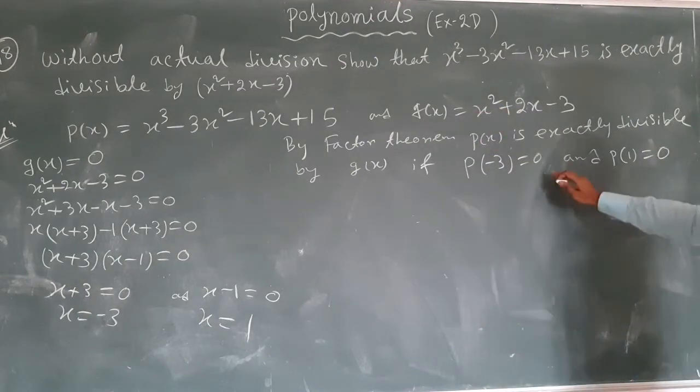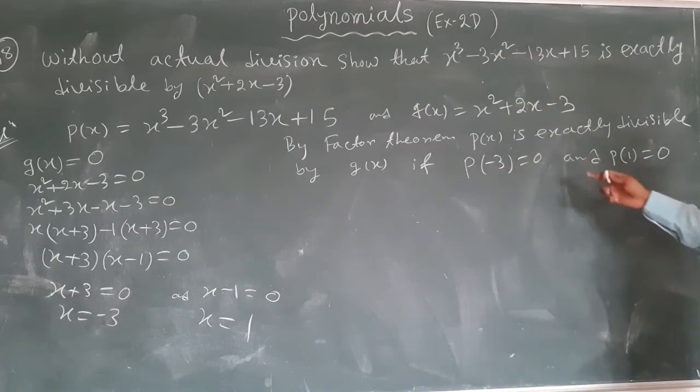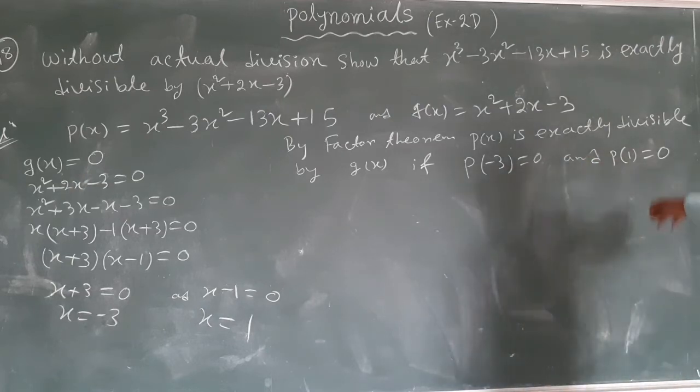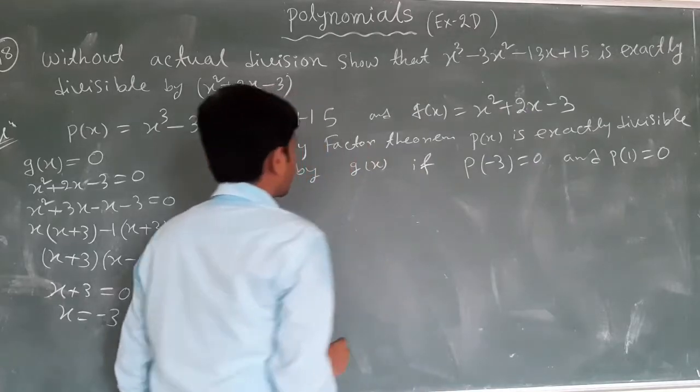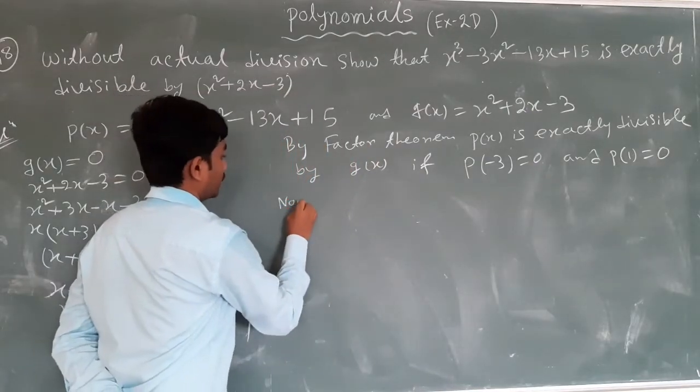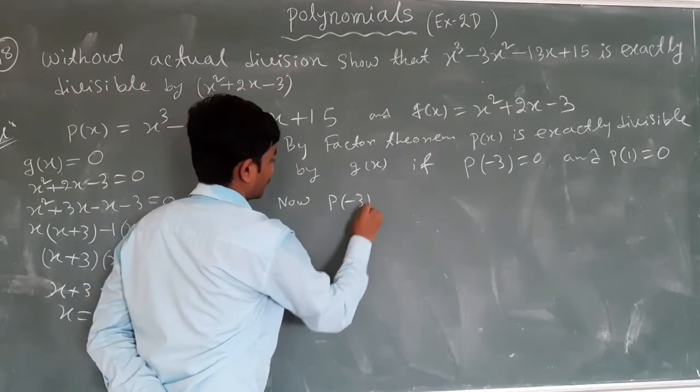That's why we have to show p of minus 3 equal to 0 and also p of 1 equal to 0. So now we check p of minus 3.